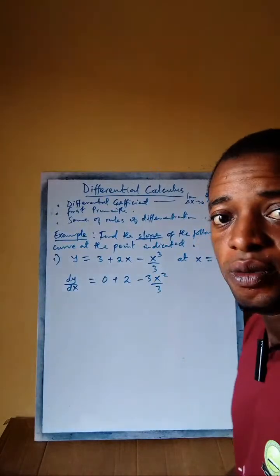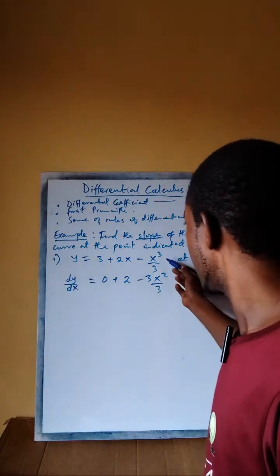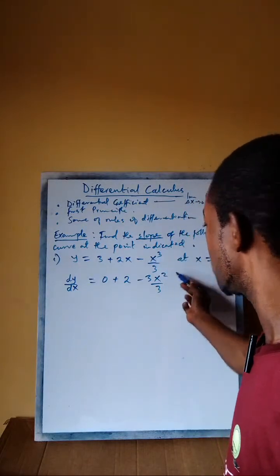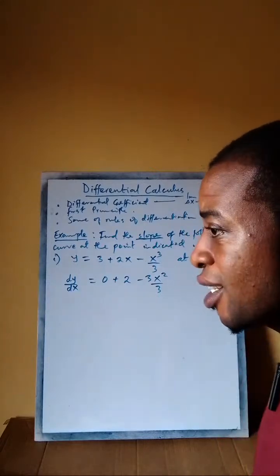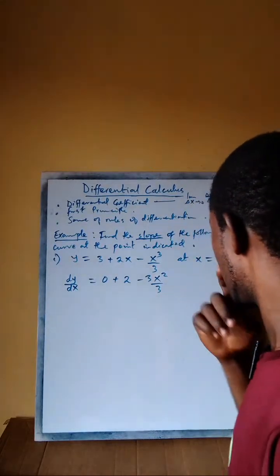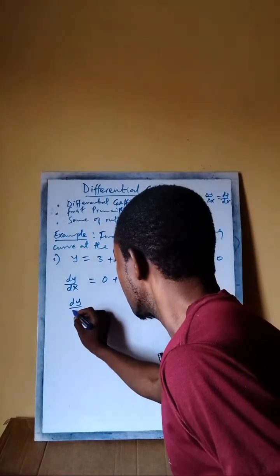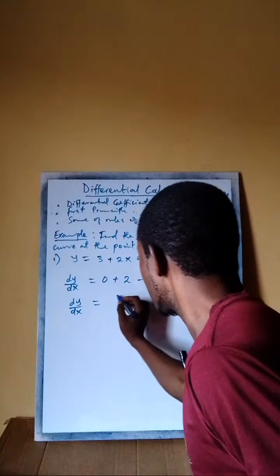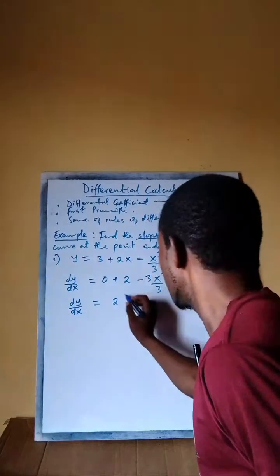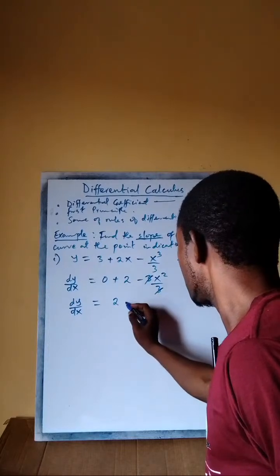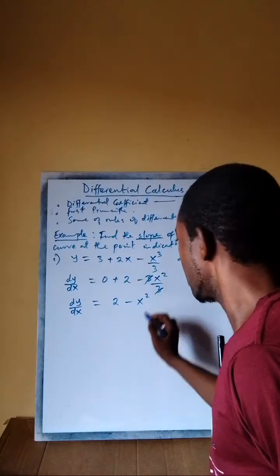The process here is we multiply the power and the coefficient, the coefficient here is 1, then we subtract 1 from the power. That's from the standard derivative. So dy/dx is now equal to 2, because the 3 cancels, and we have 2 minus x squared.